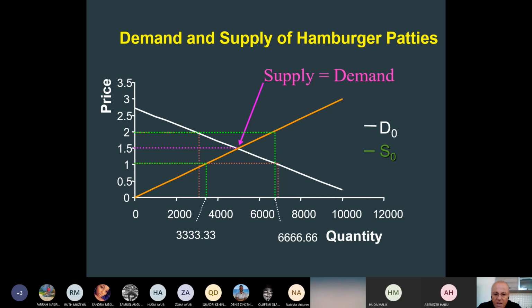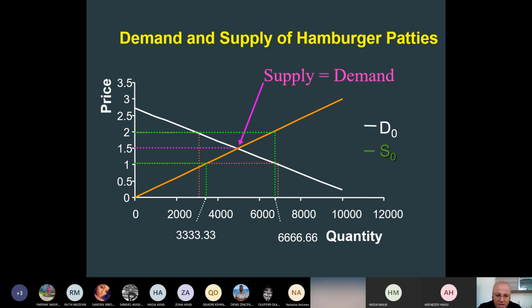If you extend this price line towards the demand curve, we have some scarcity between these 2 points.